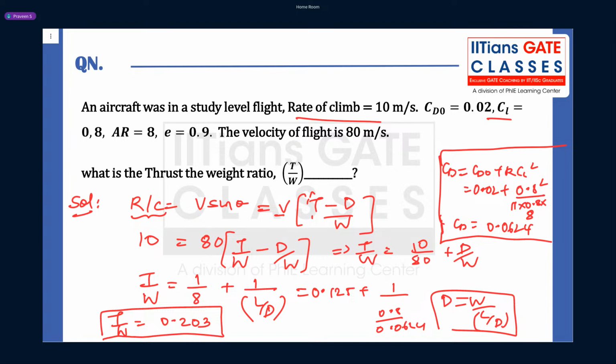Again, this is a very simple question. All you have to do is a bit of manipulation and bingo, you arrive at the answer. Okay, fine. So I hope there are no doubts in solving these questions. Please await further information from the GATE committee, and once they release the official question paper, we'll solve all the questions asked from the flight mechanics section.